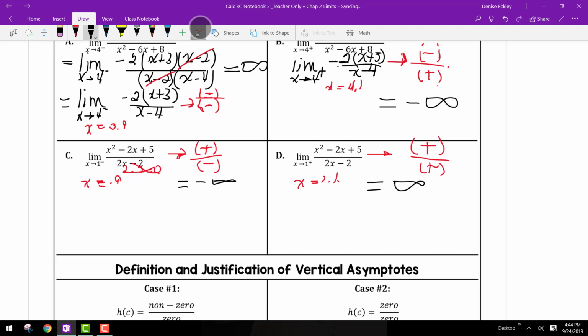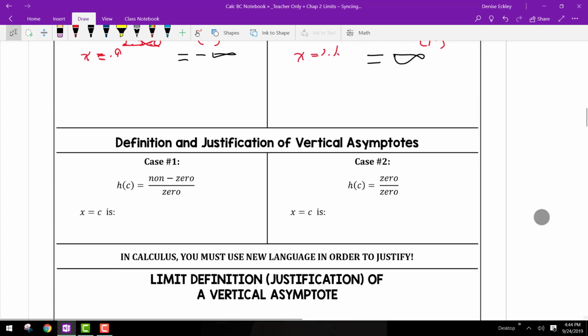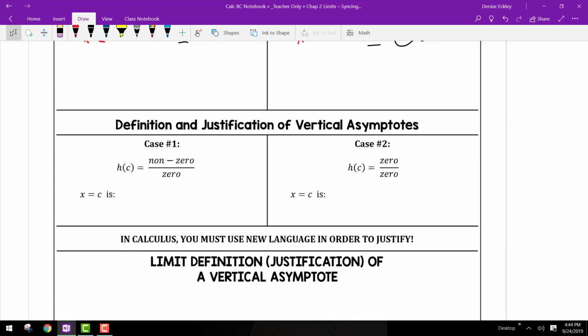Okay, so what that leads us to is the definition and justification of vertical limits. And here's how this works. When you substitute a number in, x is c, you have a non-zero number over 0, so we end up with a number over 0, which is undefined, so this becomes a vertical asymptote.